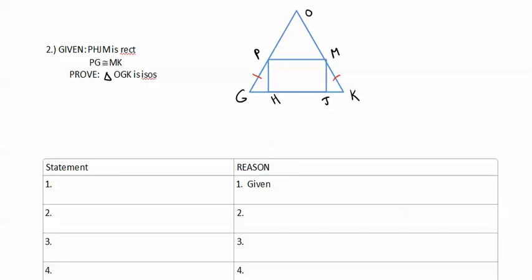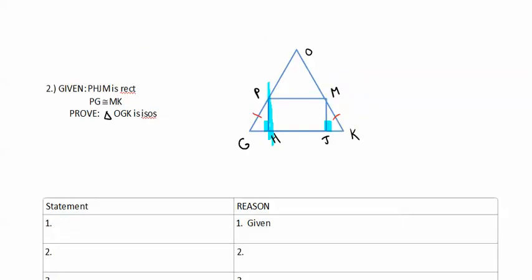Well, if I'm trying to prove the angles congruent, it might be a good bet to try to get this triangle congruent to that triangle. And in order to do that, I will need this side and this side of the triangle, and possibly this angle if I can figure that out as well. One of the properties of a rectangle is that the opposite sides are congruent, as in a parallelogram.